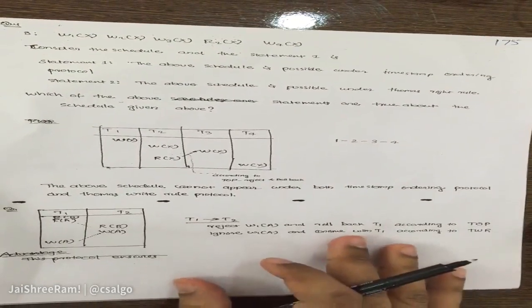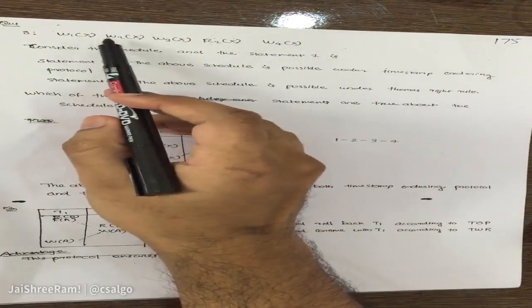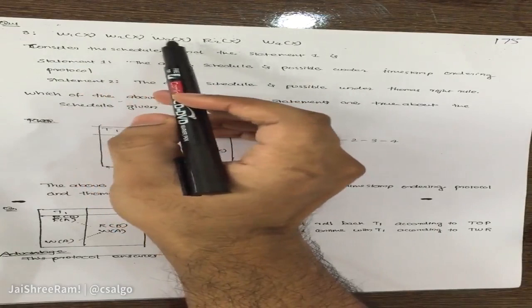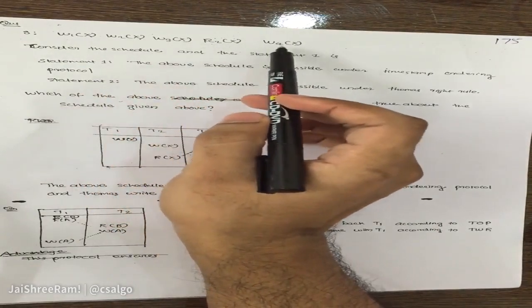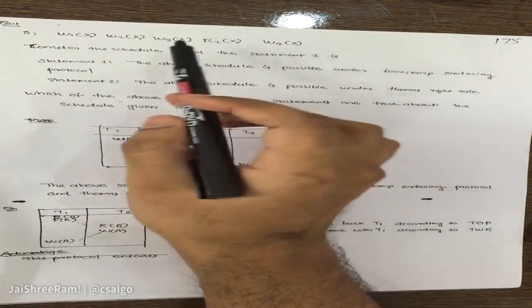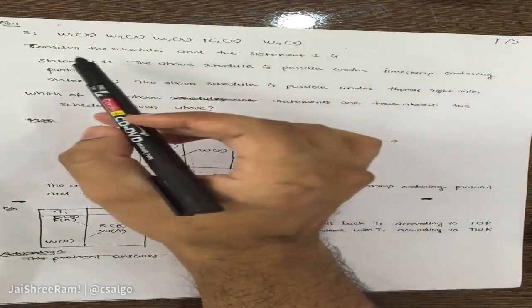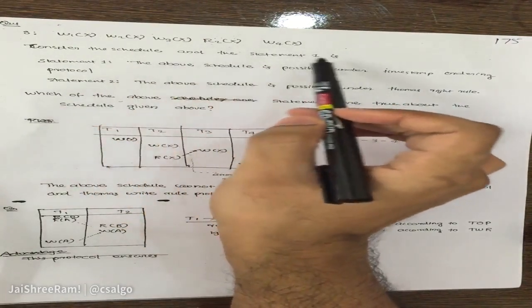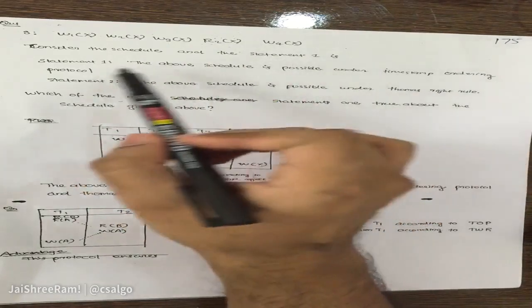The statements are given. This is the schedule W1, W2, W3, R2 and R4, all acting on X itself, the data item X. Consider the schedule, this one, and the statements are like this.